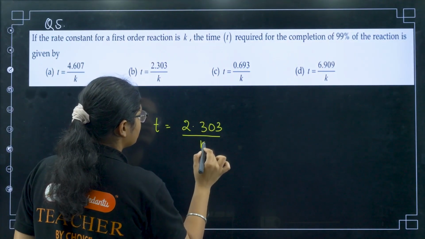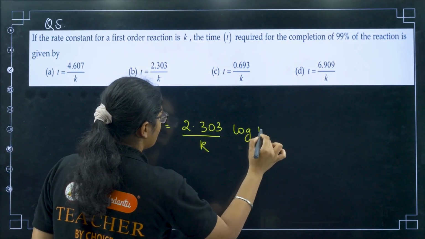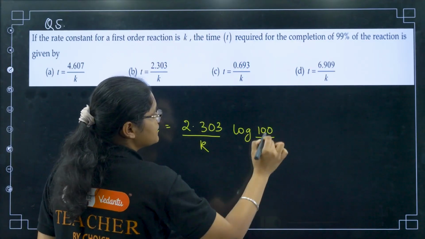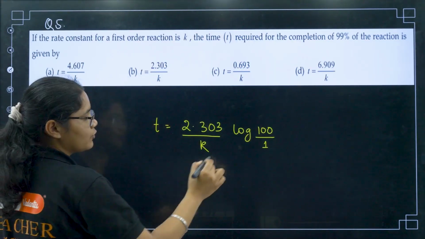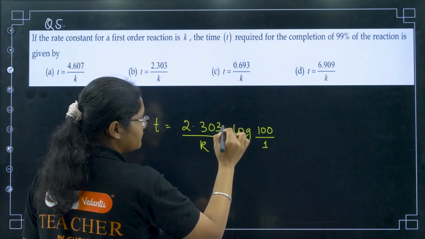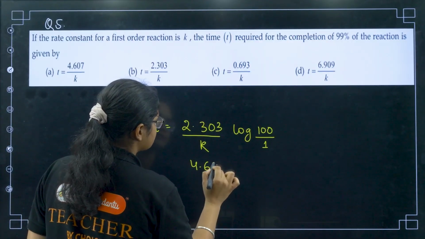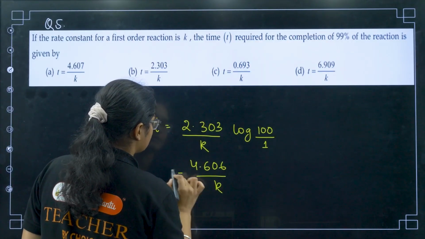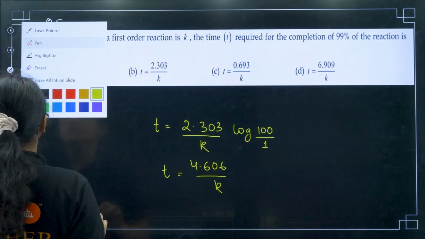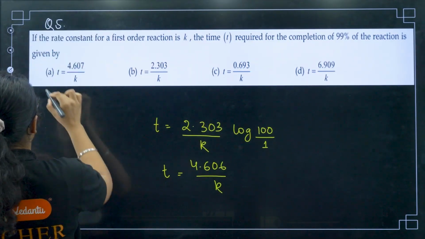So 2.303 by K log of 100 by 1, since 99% is completed, the rest will be 1. So 10 to the power of 2, the 2 will be multiplied here, so 4.606 by K is equal to t. That is your option number A.